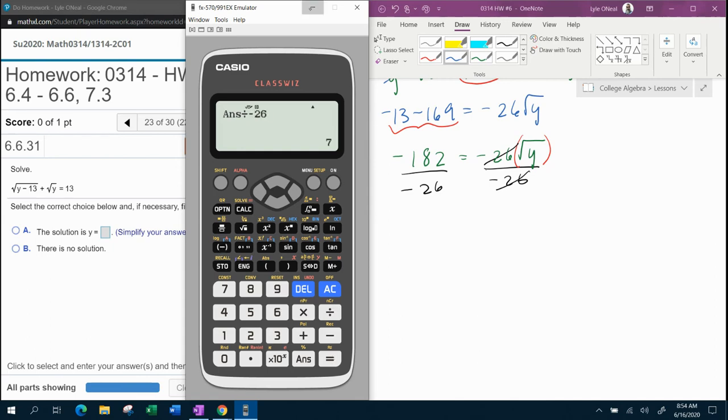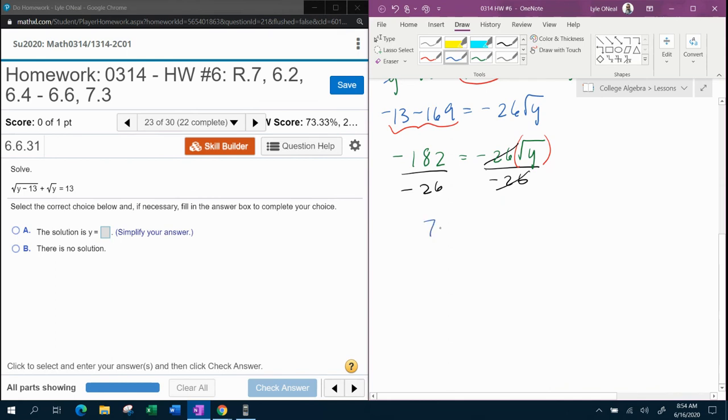Whew, it divides evenly. Thank the good Lord. 7 equals square root of y. Now we can get rid of the square root by squaring both sides. The square and the square root cancel, and we're all but done. 7 squared is 49, and so we get y is 49.